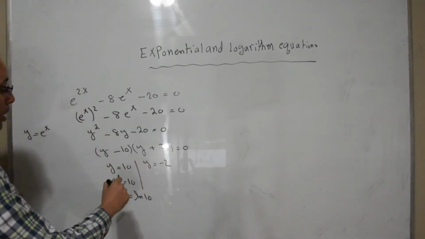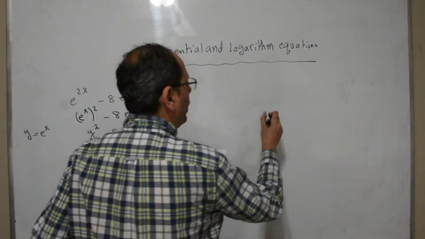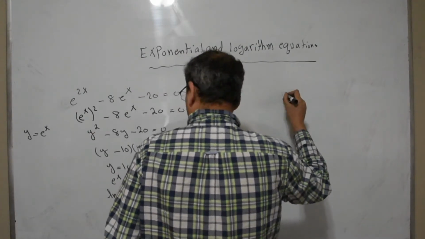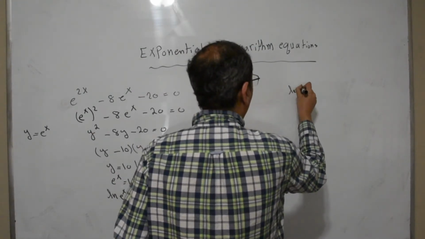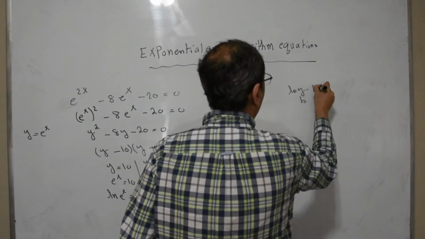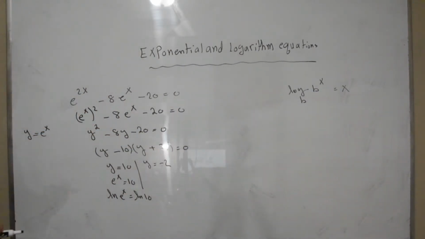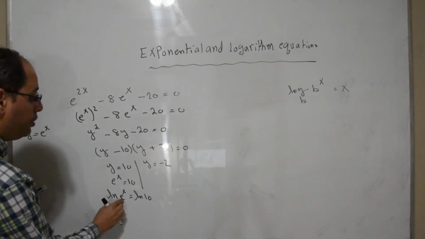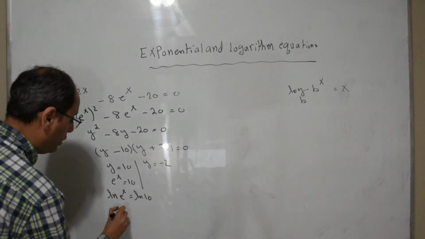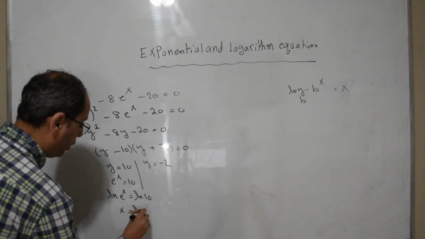And here, based on the rule that I had before, log base b of b to the x equals x. So the natural log of e to the x equals x. So x is the natural log of 10.